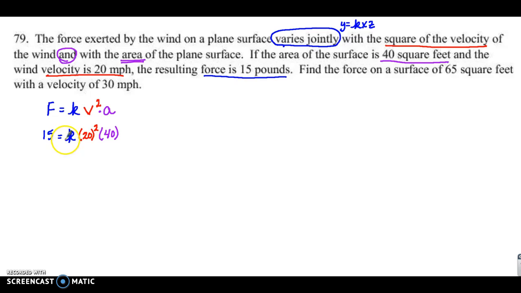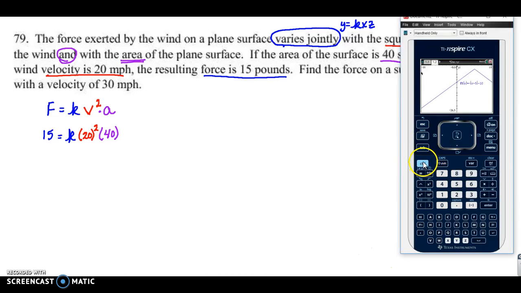Now we first need to solve for K. In order to solve for K, I can multiply these together. I can use my calculator, go back to my calculate screen, and I'm going to do 20 squared, and I'm going to multiply that by 40. 20 squared times 40.